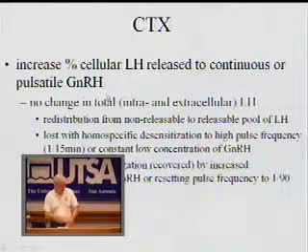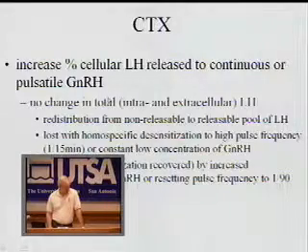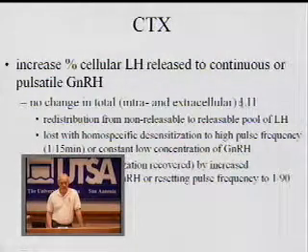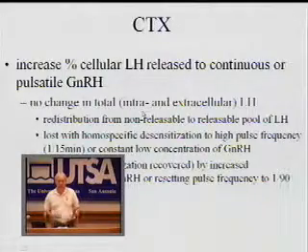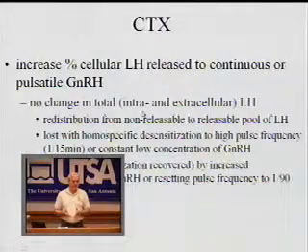So this would make us think that there's something happening intracellularly to keep the intracellular levels at a high enough concentration so that we can sustain an increased extracellular concentration. So this type of a phenomenon would be consistent with being able to produce an LH surge.